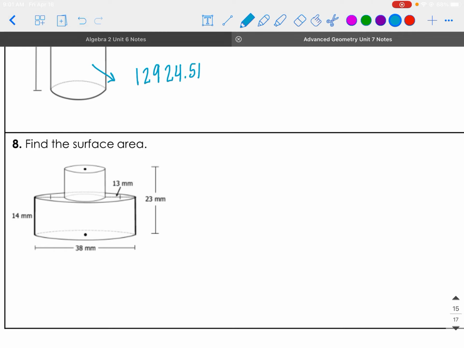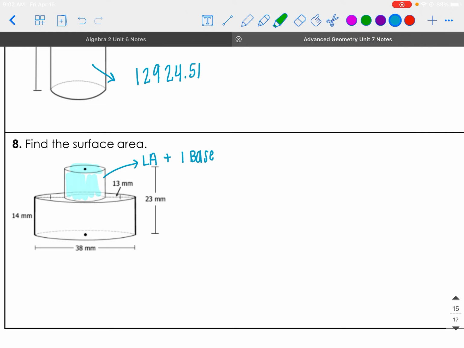So in the smaller cylinder, just like before, we have the lateral area, and we have the top, but we need to subtract off one of the bases, or we can do the lateral area plus one of the bases.